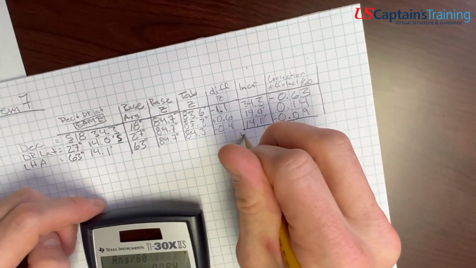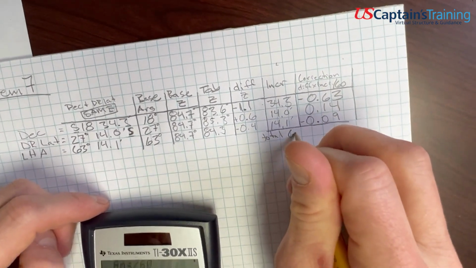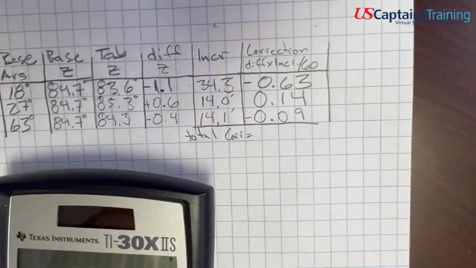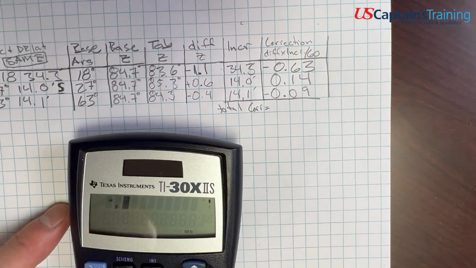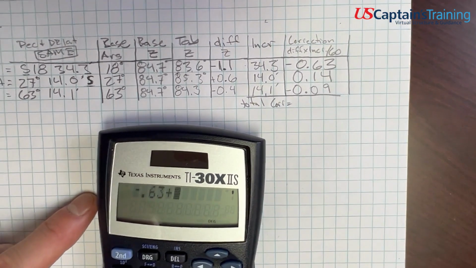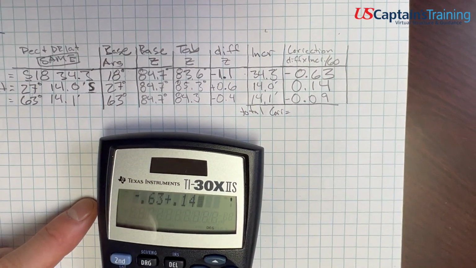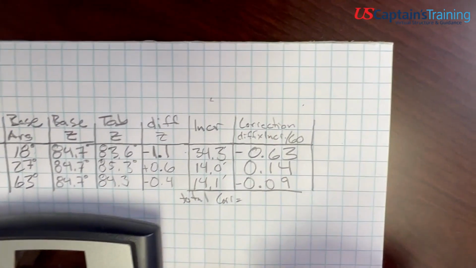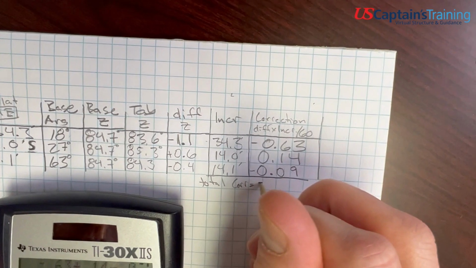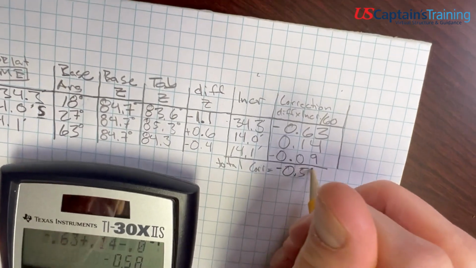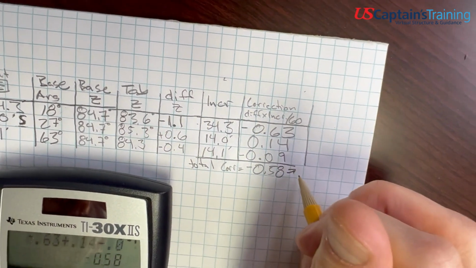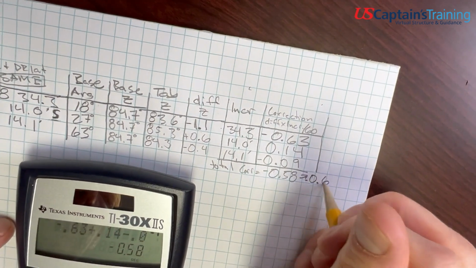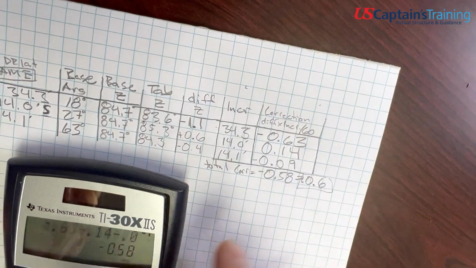So the total correction is equal to the sum of all these: negative 0.63 plus 0.14 minus 0.09 equals negative 0.58. We're going to round this to negative 0.6 as our correction.